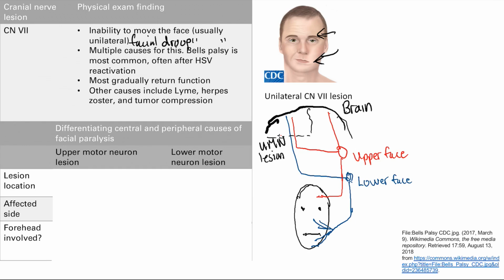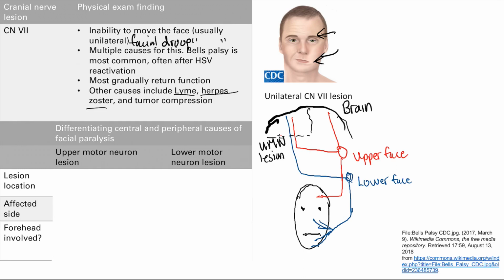It usually has a gradual return of function, so the face will normally get better by itself. There are other causes of cranial nerve 7 lesions, including Lyme, herpes zoster, and tumor compression of the cranial nerve.